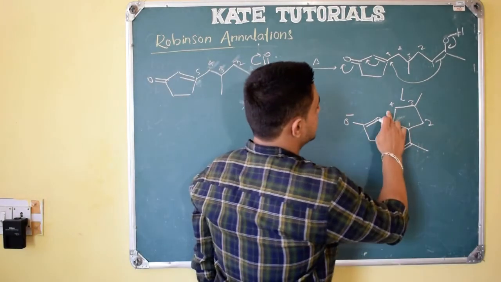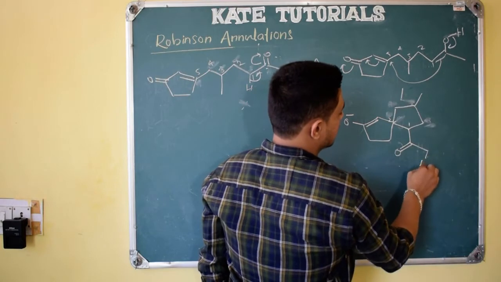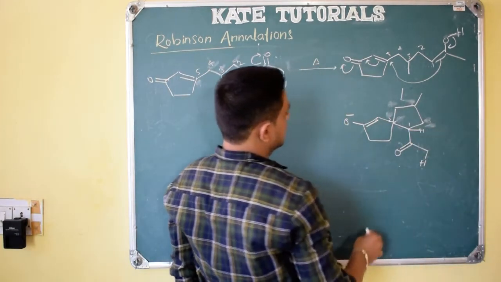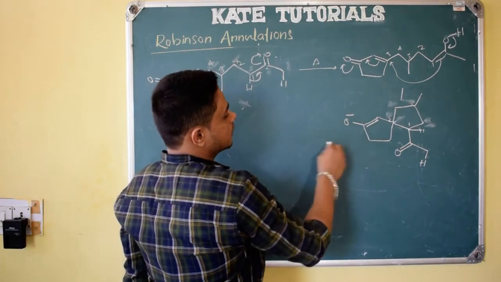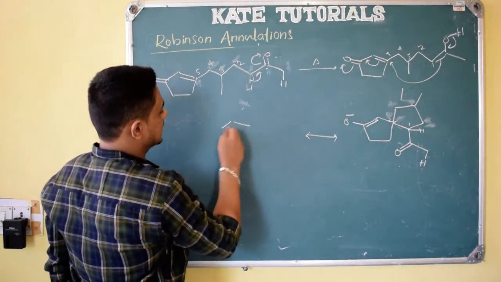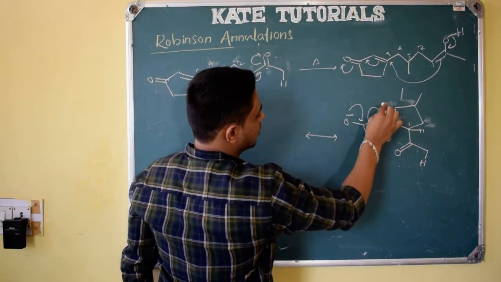And also from this you can again see, this is an acidic proton, right? These are acidic protons, and here also an acidic proton is there, right? And this will tautomerize in the presence of water. It will tautomerize like this. Electron density moves here and this gets a proton, right?